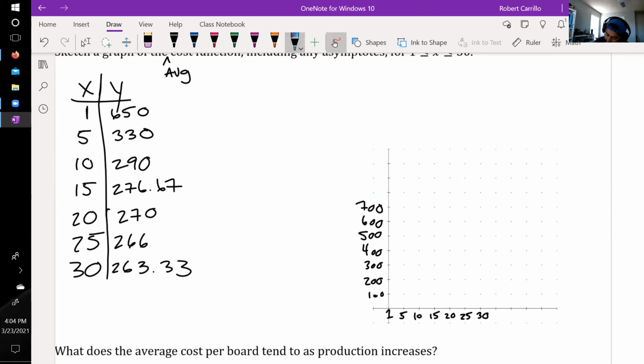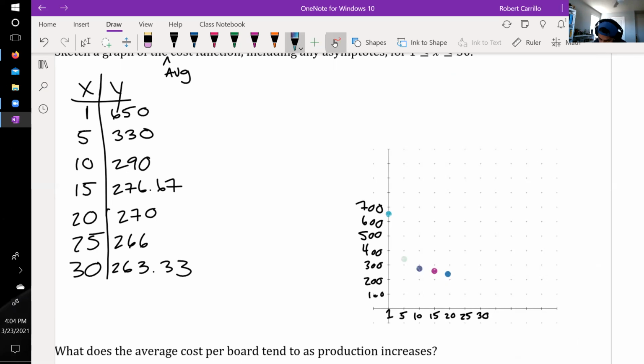And now 1 and 650 right there. 5 and 330 around there. And then 10 and 290 right around there. 15 and 276 still right around there. And then 20 and 270 still there. It's just a sketch.